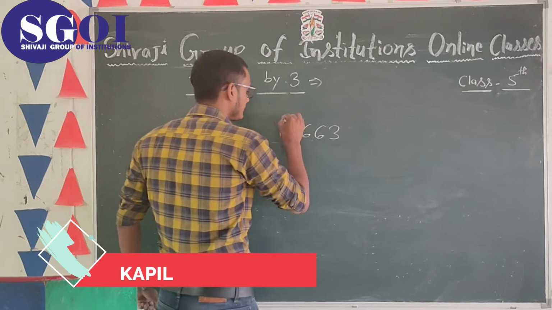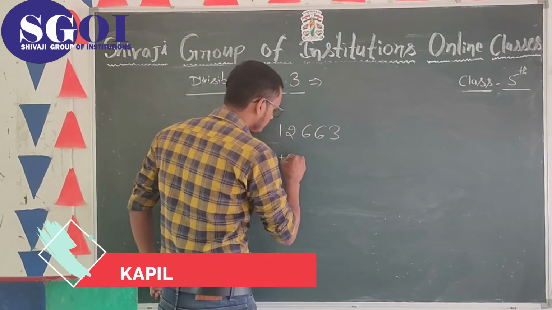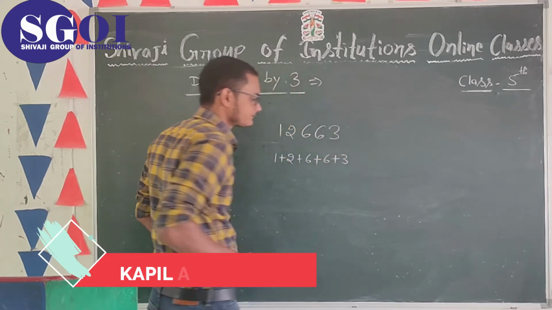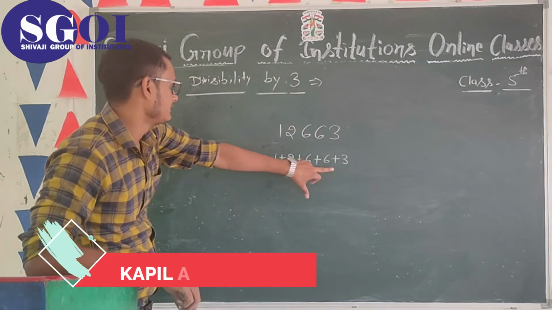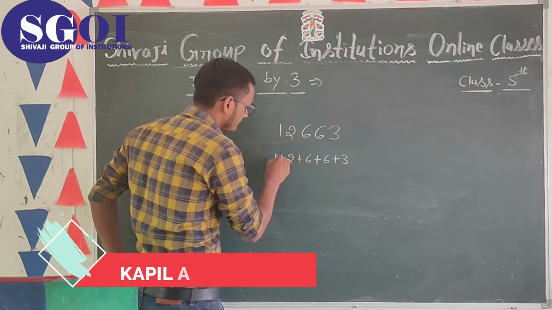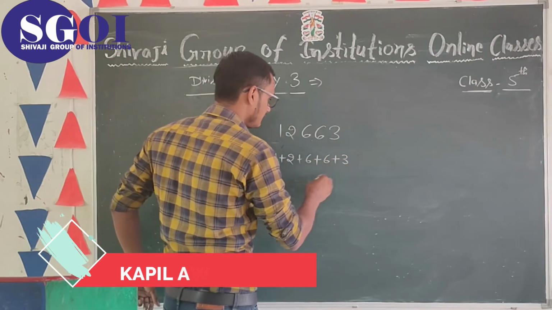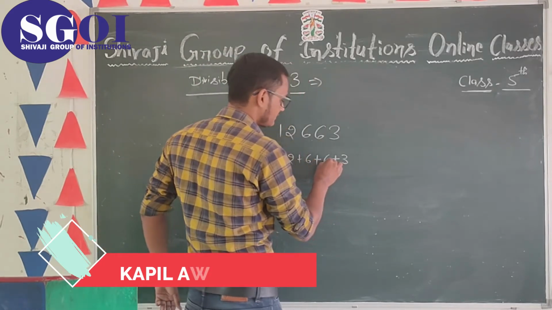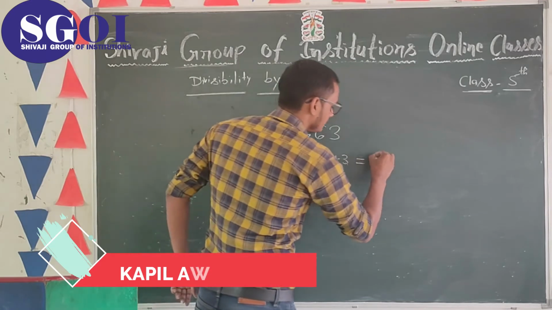The sum of all the digits means 1 plus 2 plus 6 plus 6 plus 3. 1 plus 2 is 3, 3 plus 6 is 9, plus 6 is 15, plus 3 is 18.